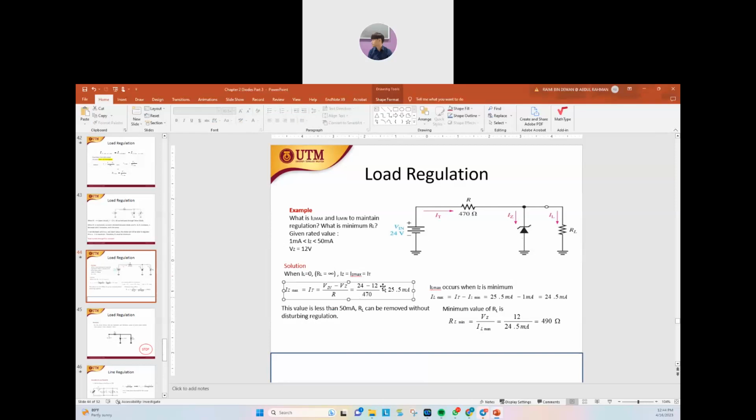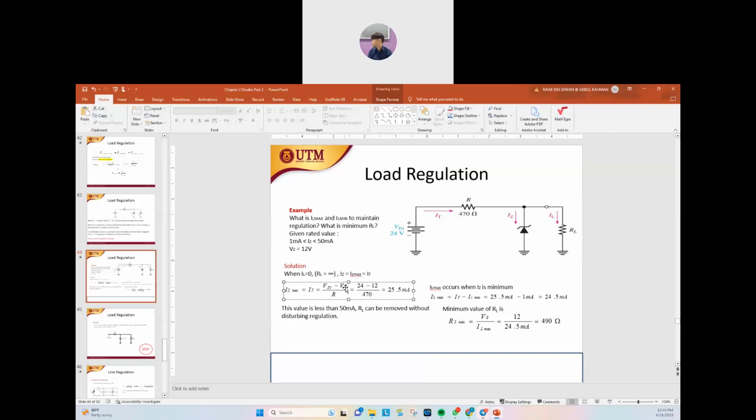So when we calculate using the voltage divider rule, Iz max is equal to IT, which during this stage is 24 minus 12 over 470, which is equivalent to 25.5.